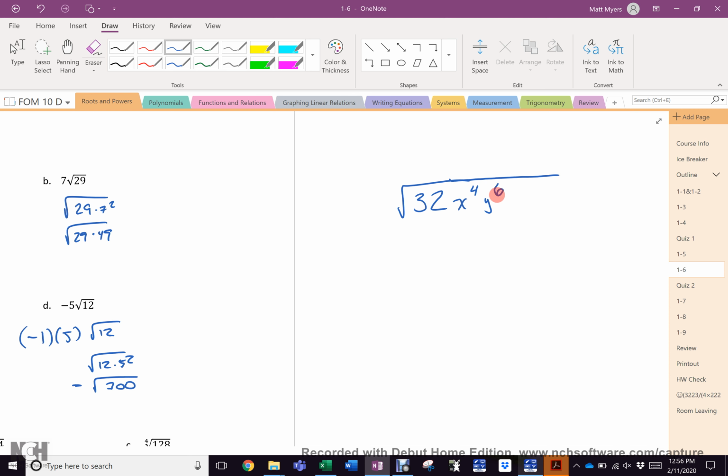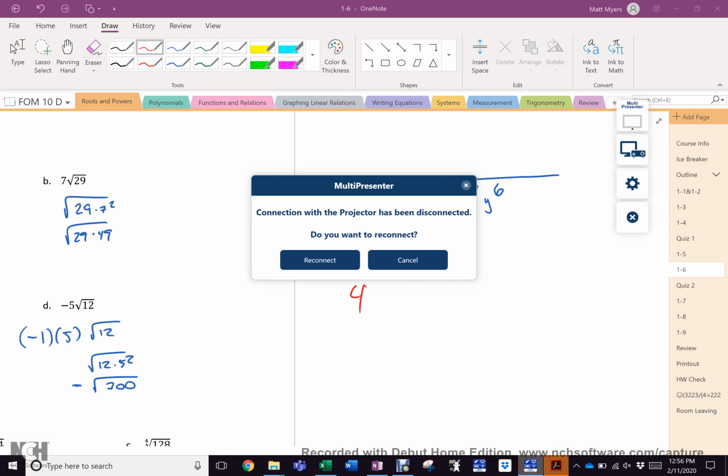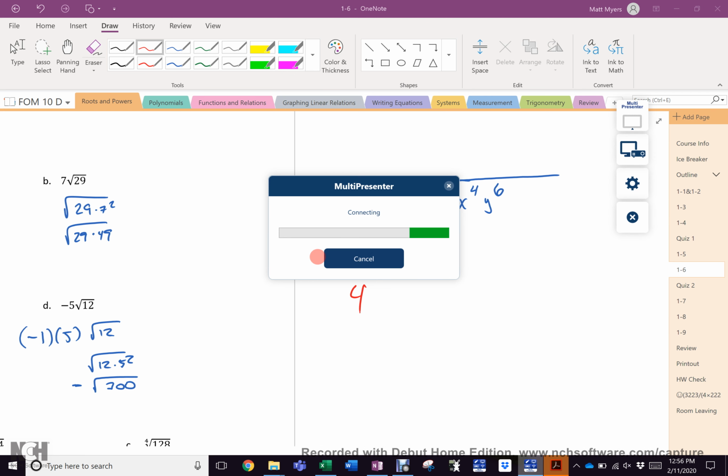Everybody think about it. Take a moment. You already know what to do here. What's this? That's 4 squared times 2, correct? And you brought out the group of 2, right? 4. That's okay. I'm going to write it on the board because I'm tired of this.